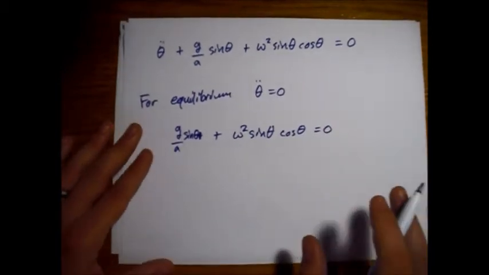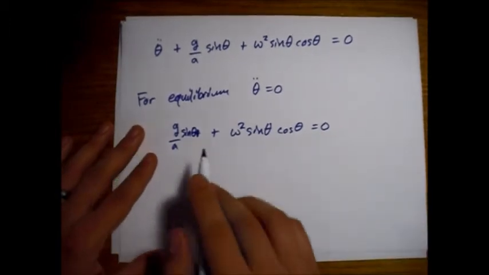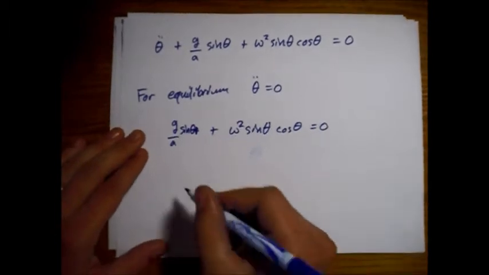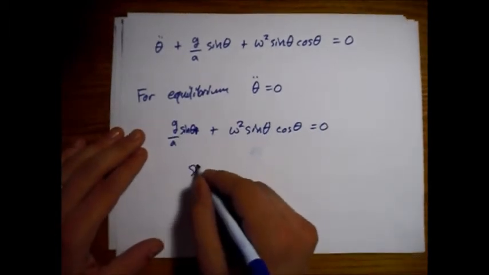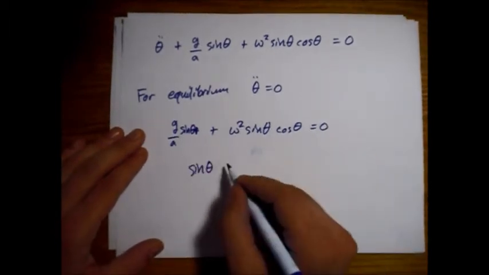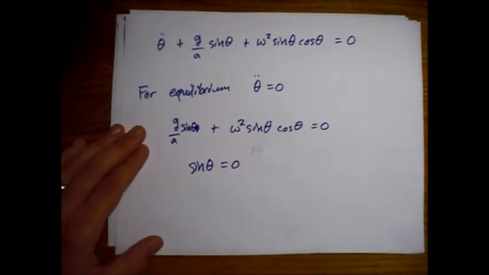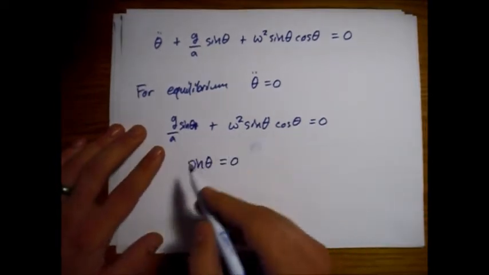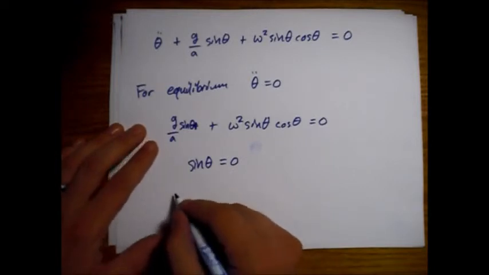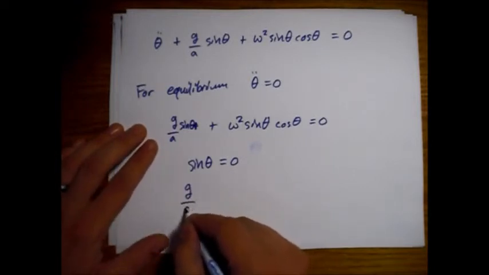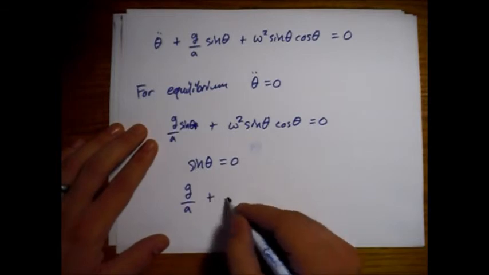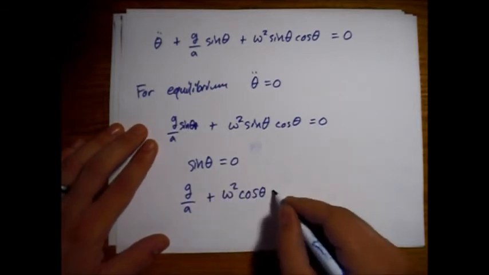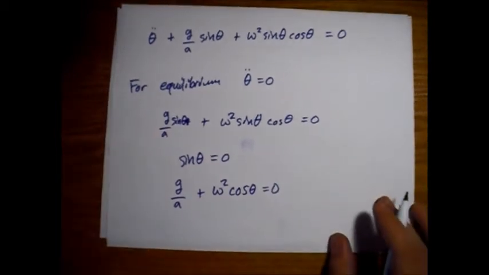So there are two ways for this to happen. One is sine of theta could be 0. Or we could have g over a plus omega squared cosine of theta equal to 0.